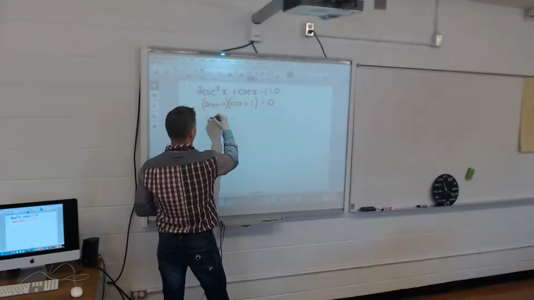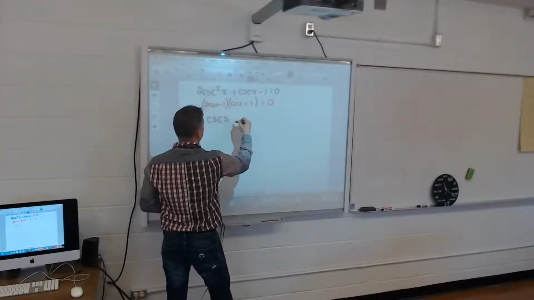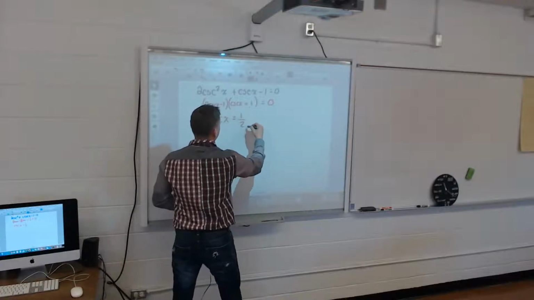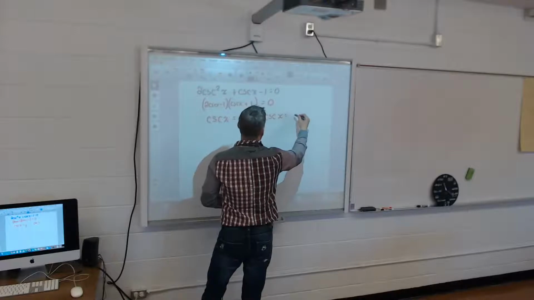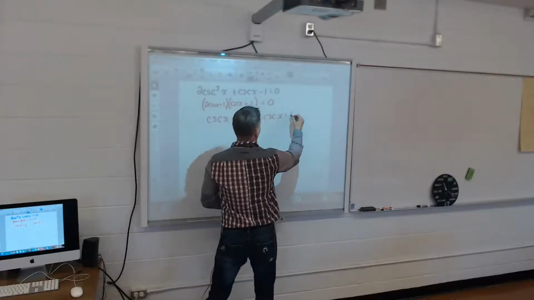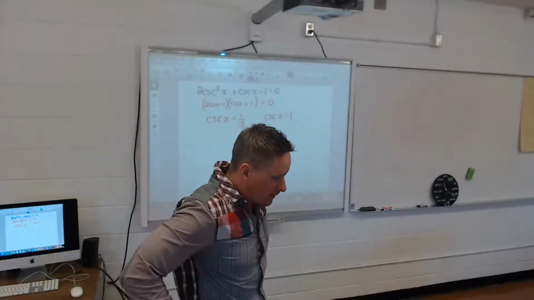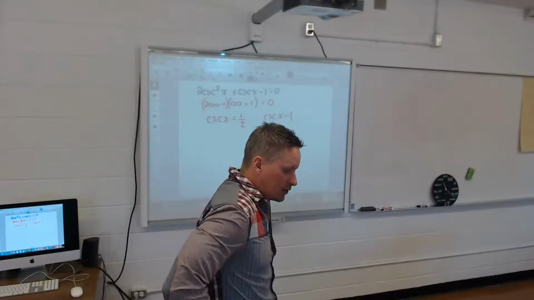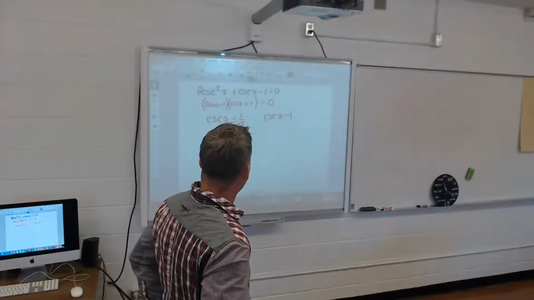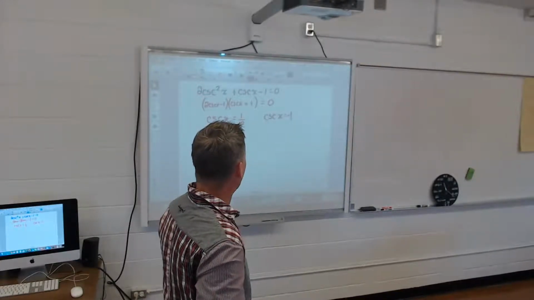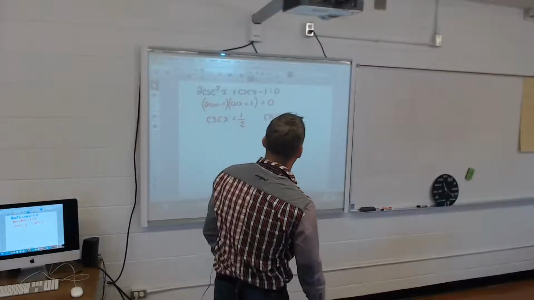First things first, I treat it the same way I treat everything else, and I factor it. So I see that cosecant x is equal to 1/2, and cosecant x is equal to -1.